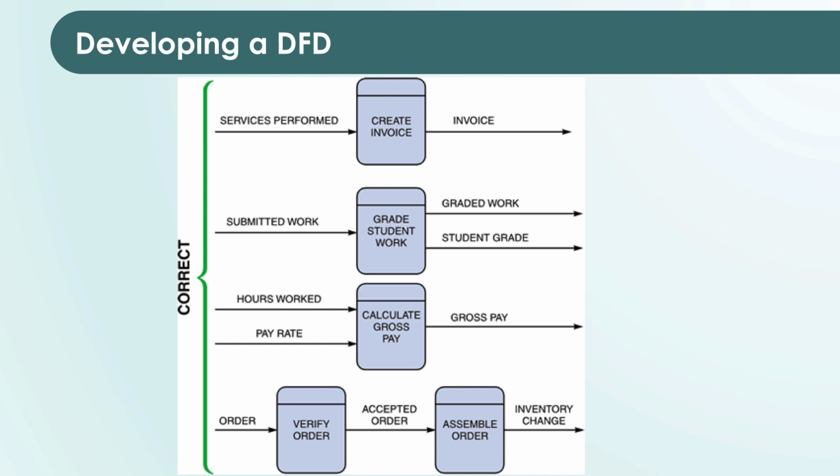In the third example, this shows you two inputs with one output. The example here shows the hours worked and also the pay rate, and then the process is to calculate the gross pay. After the calculation, the output is the gross pay. Hours worked is how many hours a person works, and then how much is the pay rate.